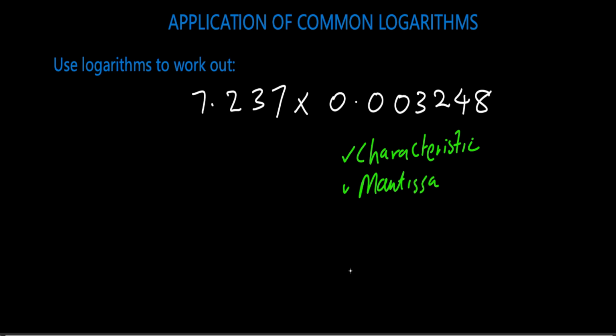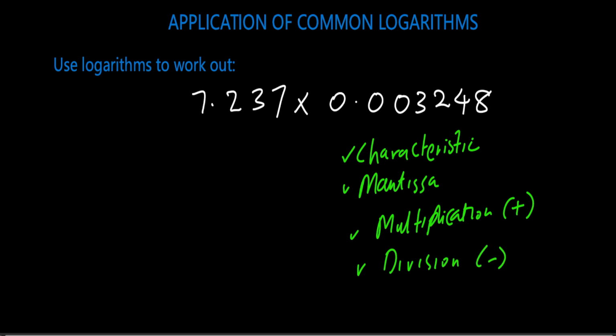Basically, whatever we're doing here, we're converting into logs, as in 10 to the power of something, that power in total. If it's multiplication, then for logs we add them. If it's division, then we subtract them. So that's the basic thing that you should know.